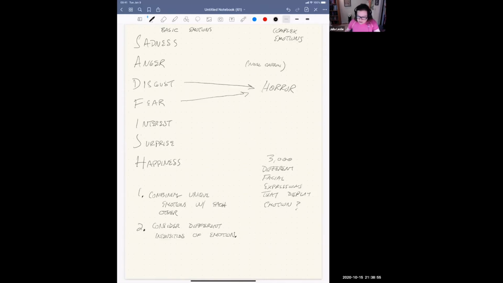So if you can consider that there are different intensities of emotions and qualitatively different emotions that can be combined together, then I think it's reasonable to understand how we can get to 3,000 different facial expressions. Does that make sense?